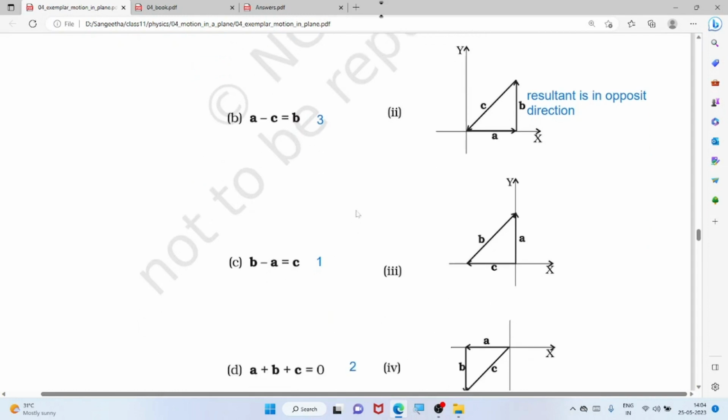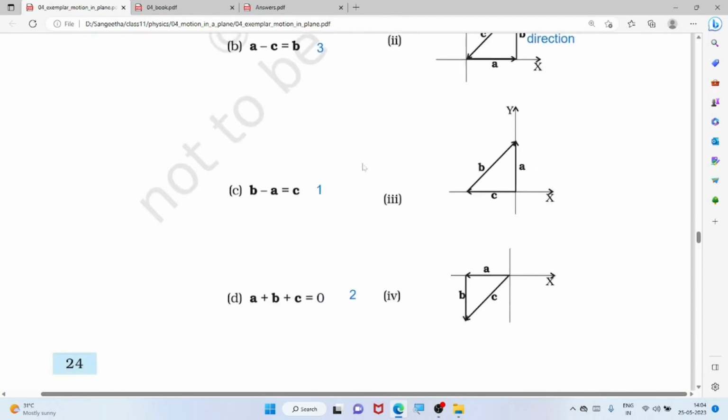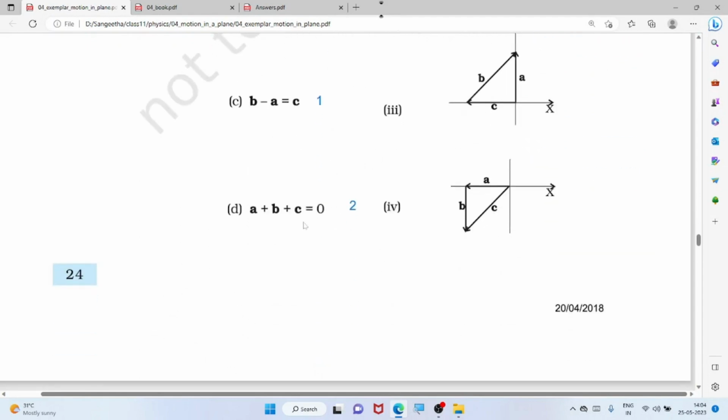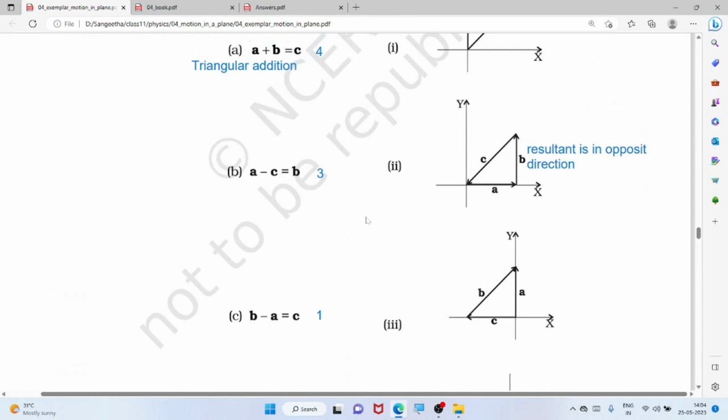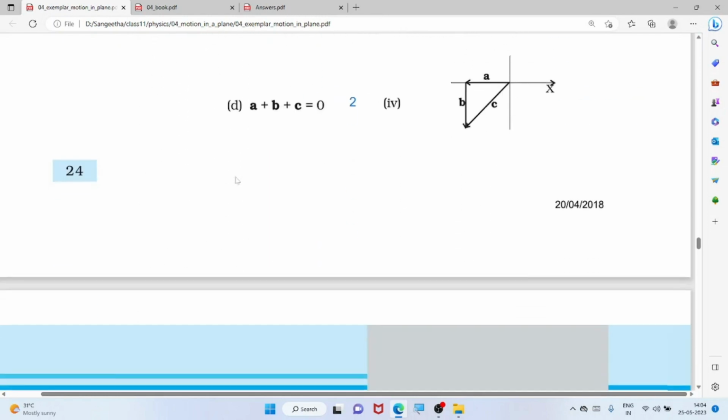B minus A equal to C, this is one. A plus B plus C equal to 0, that is the second one, because they are in opposite direction. The resultant vector is in the opposite direction. So A plus B plus C equal to 0.